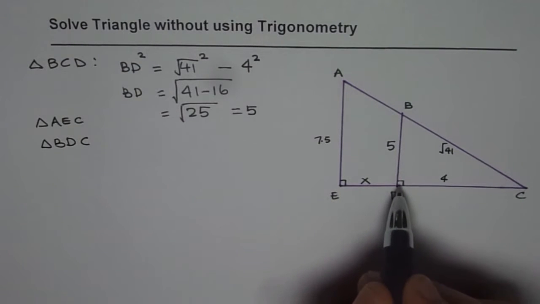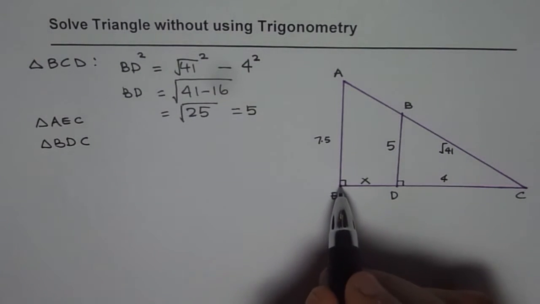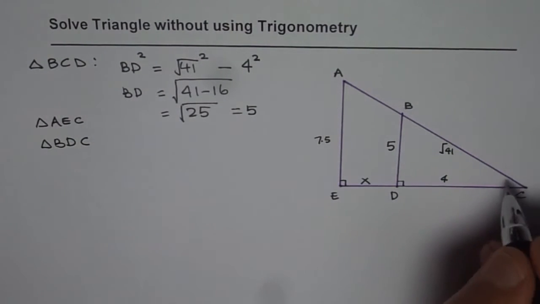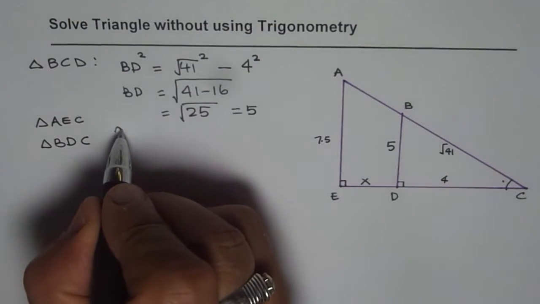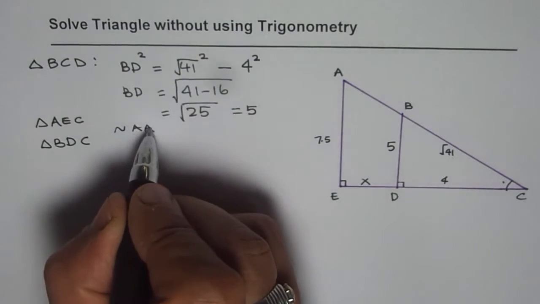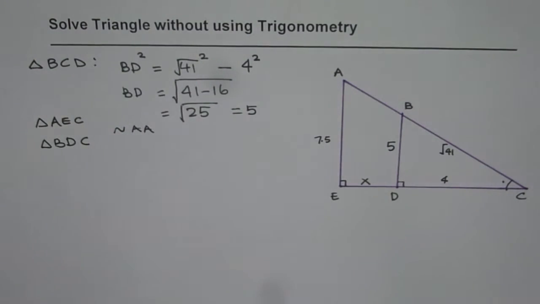Since these sides are at right angles and angle C is common to both, therefore, because of angle, these two triangles are similar, right?